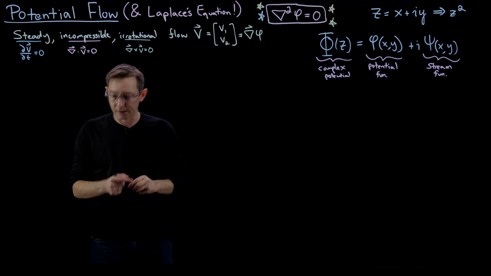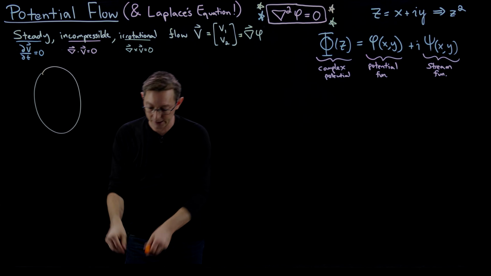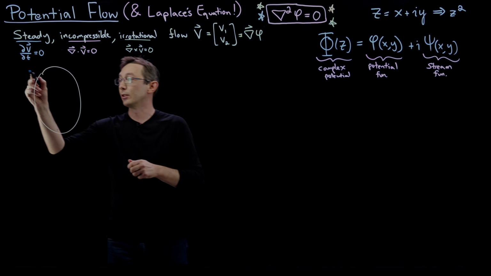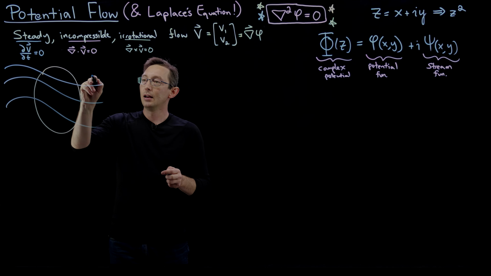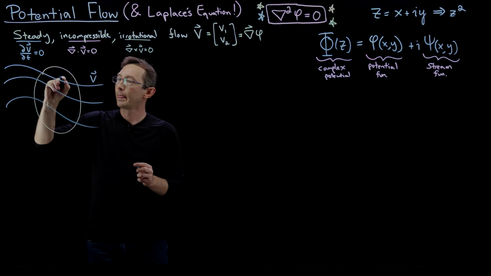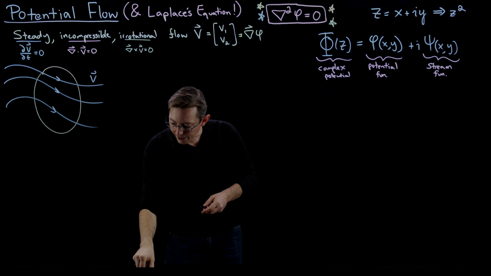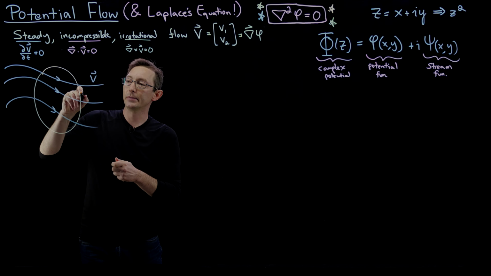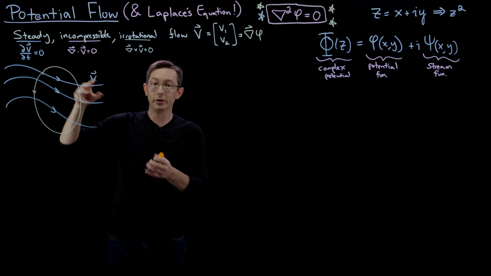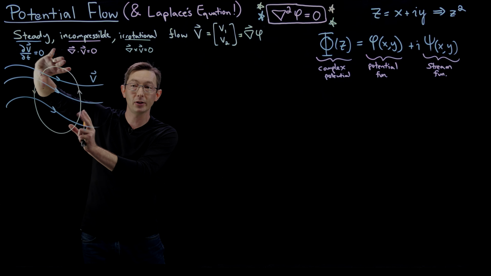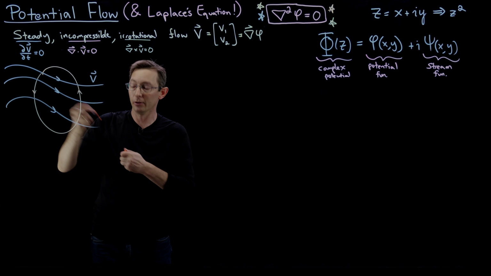So the first thing I want to do is essentially just describe some of the properties of what happens in one of these potential flows. So imagine that I have a fluid flow vector field, and we're going to call this V, our vector field, some unsteady flow field V. And imagine that we have some closed curve C. This is just an orbit that we kind of make up. This is kind of like a control volume that we're just placing in the flow, and we're saying what happens inside and outside and on the boundary of this curve.